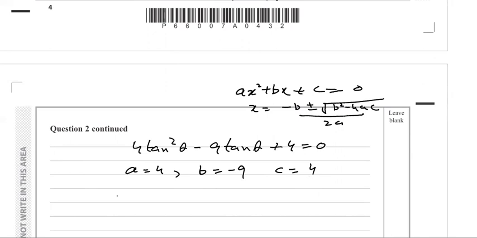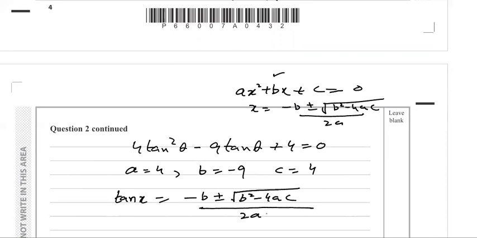So using this formula, when you solve, it will be tangent of x, not x, because this is quadratic in tangent. That's why you will write tangent of x is equal to minus b plus minus square root of b square minus 4ac divided by 2a.